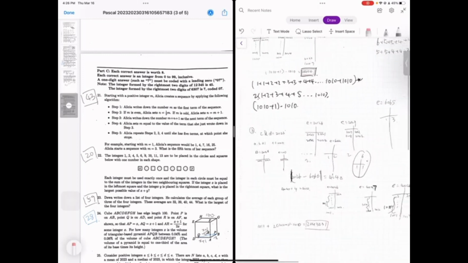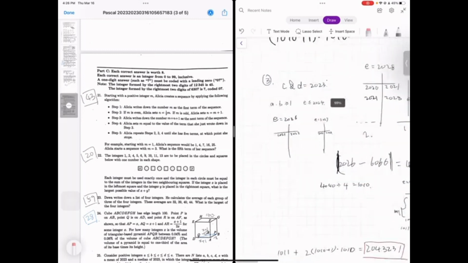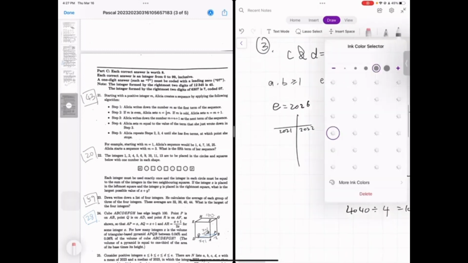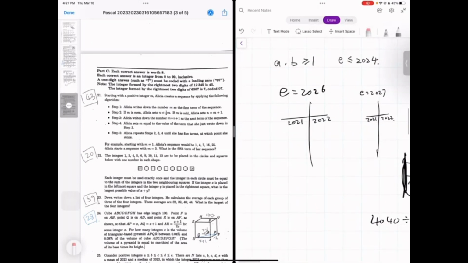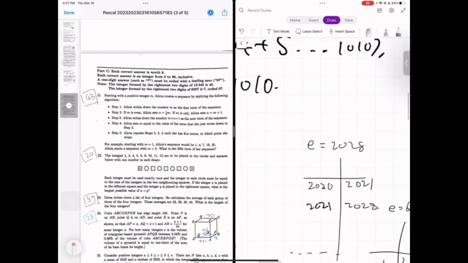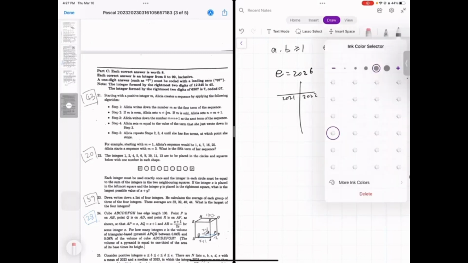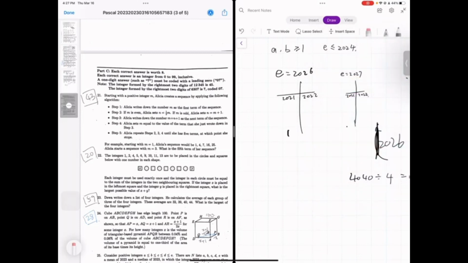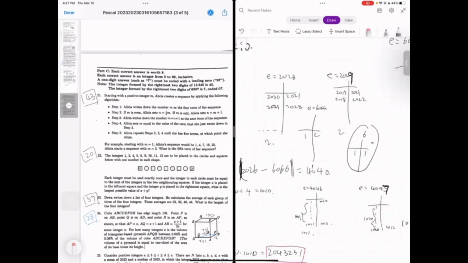For the third scenario, again, we just list some examples. First, I let E equal 2026 because 2024 and 2025 don't work. Then E equals 2027, and then 2028, and we find that here is one way, here's one way, there's 2 ways, and then 2029 and 2 ways.